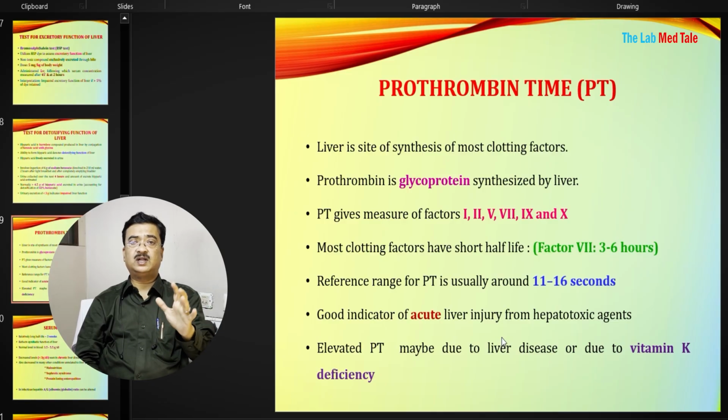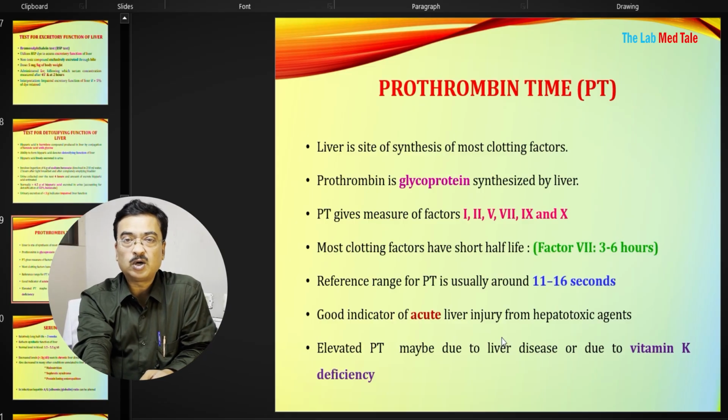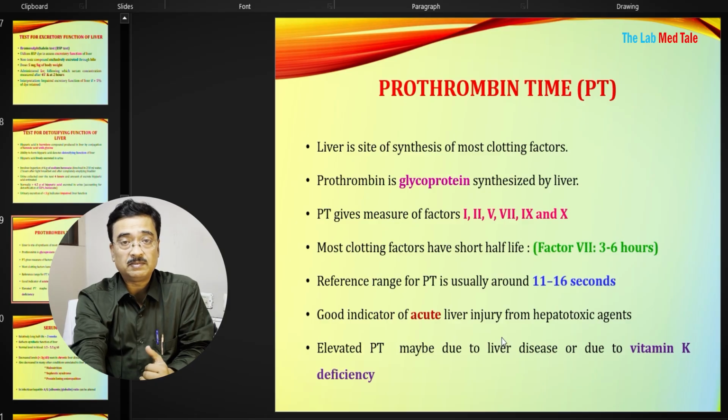You might have to give IV or IM vitamin K to get rid of this problem. This happens because bile does not come to the gut, and therefore vitamin K cannot be absorbed from the gut to blood. So these hematological functions can be assessed this way.